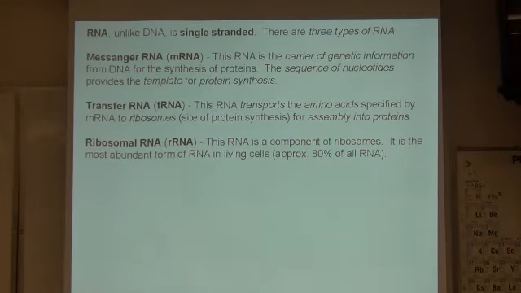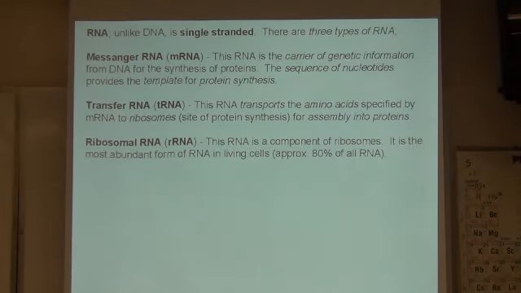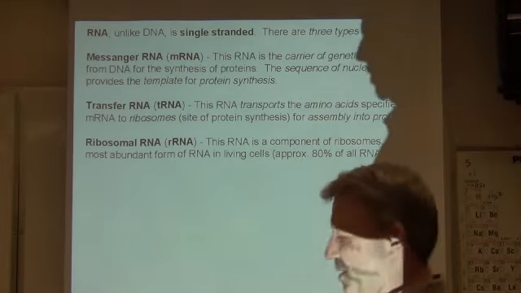Lastly, ribosomal RNA. This is a major component of ribosomes. It is the most abundant form of RNA in living cells, approximately 80% of all RNA. Now, the ribosomes are the site where protein translation takes place.